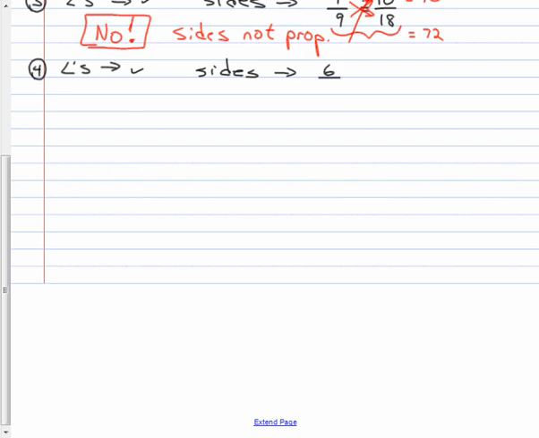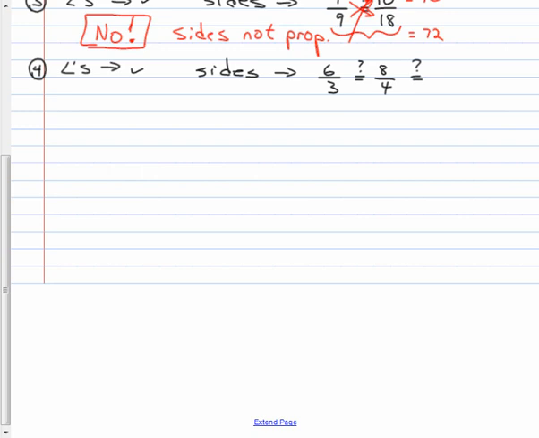That will have to correspond to the smallest number in the second one if they are going to be similar. So the 6 in the left one would have to match up with the 3 in the right one. Is that equal? We'll see. I'm going to go to the next largest number, 8. The 8 in the left would have to match up with the 4 in the right.